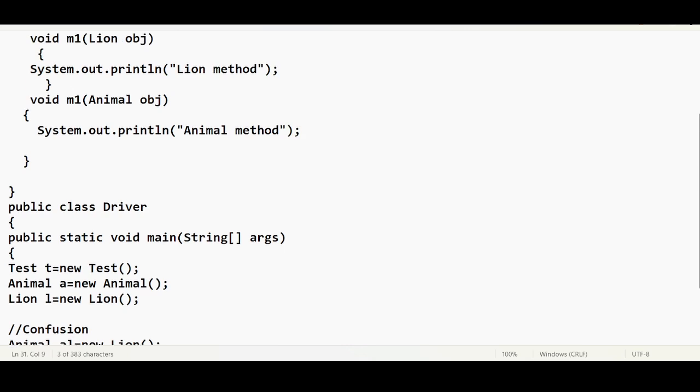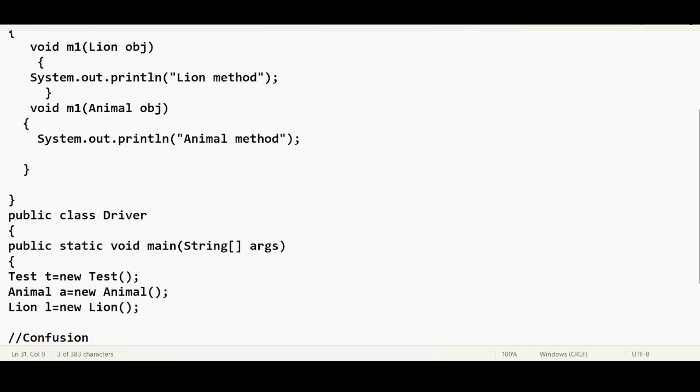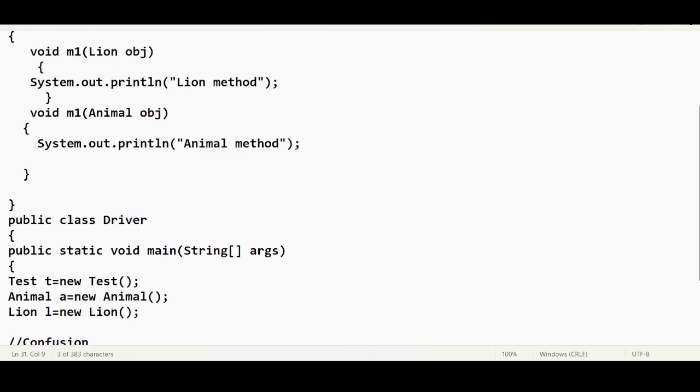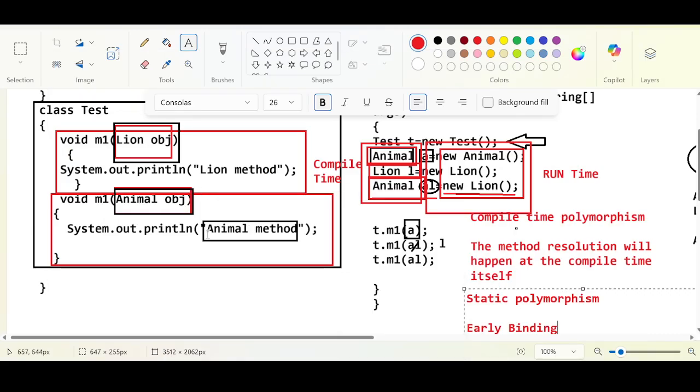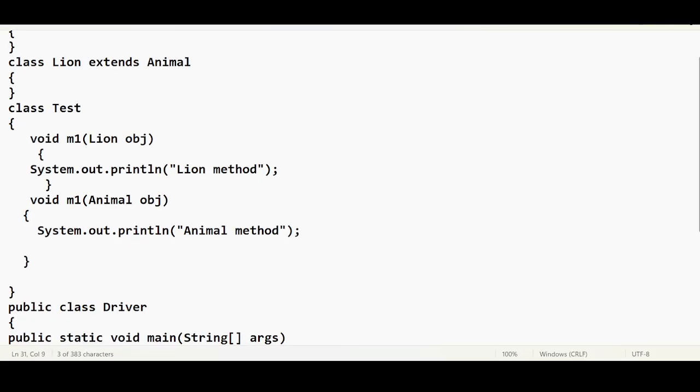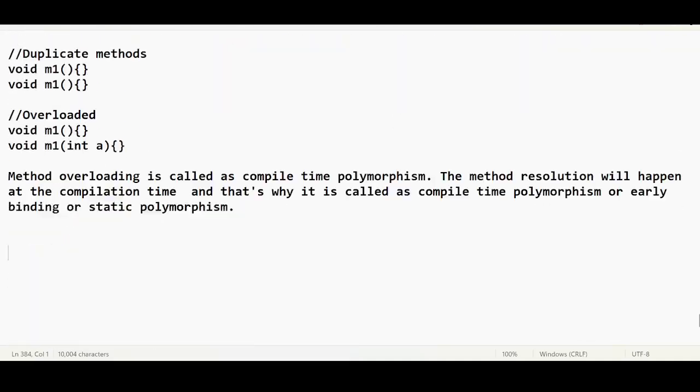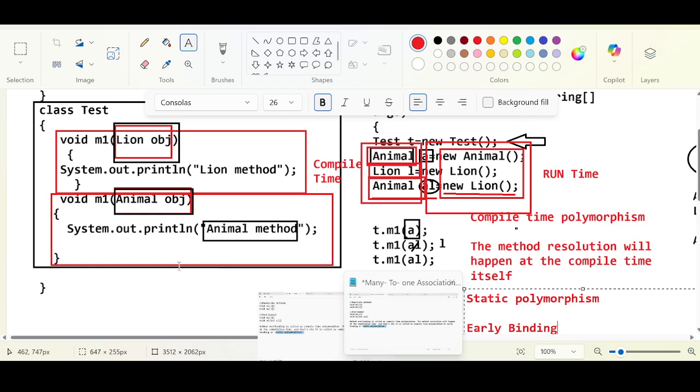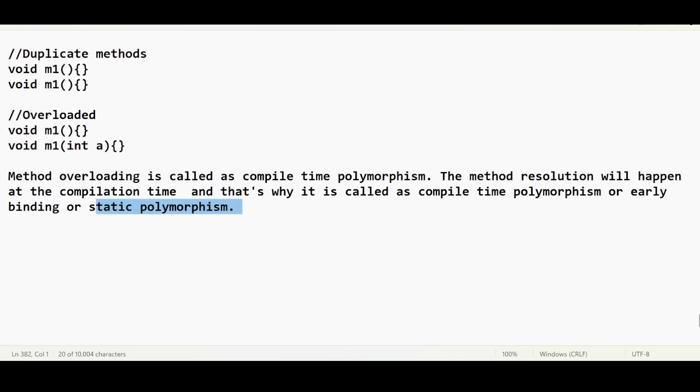Able to follow, everyone? Yesterday I was telling why it is called compile time polymorphism. This is the reason. It is called compile time polymorphism, early binding or static polymorphism because of this example, because the decisions are made by the compiler at compilation time itself.